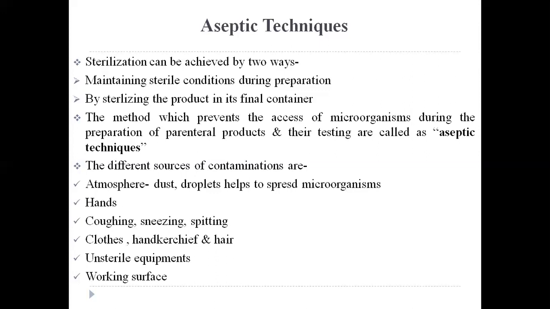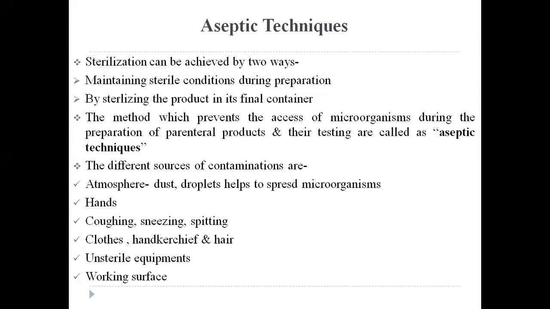Contamination can come from their clothes, and the handkerchief is also a very major source of contamination. The hair of the employee or worker who is working there can also be a source of contamination. Dust particles and droplets can spread from the hair also.